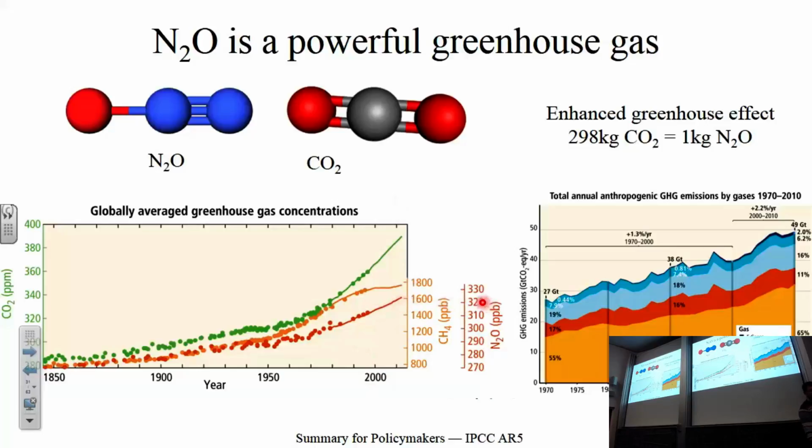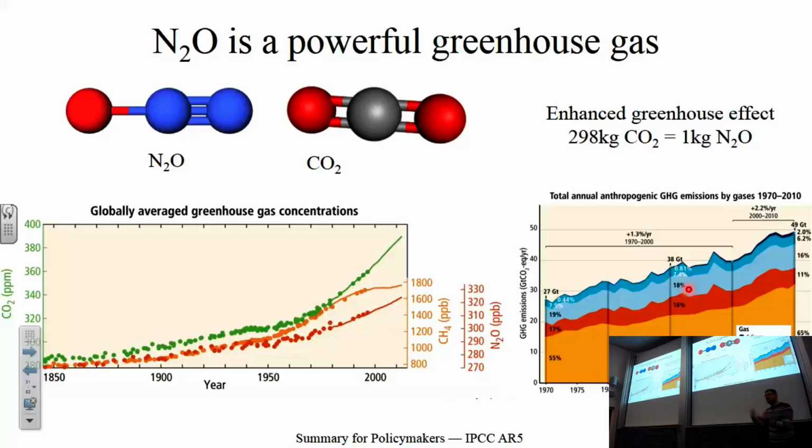Even though it's only 300-something parts per billion, 1,000 times less than the amount of CO2 in the atmosphere, that's this medium blue line here. It's smaller than carbon dioxide and methane in radiative significance, but it is nonetheless a non-negligible component of greenhouse gas warming.